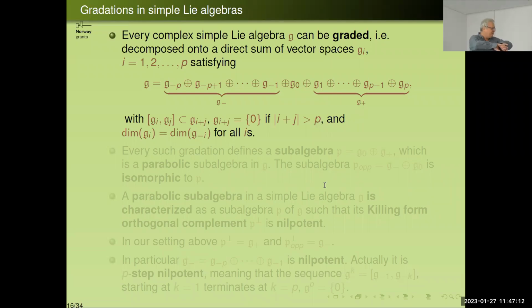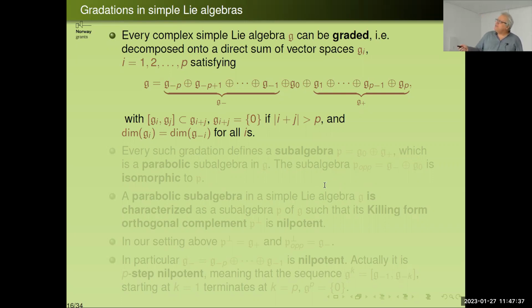If you look for gradations of them, they will just be symmetric. Okay, and this part with minus indices is called G minus. This part with positive indices is called G plus, and this which is in the middle is G0.